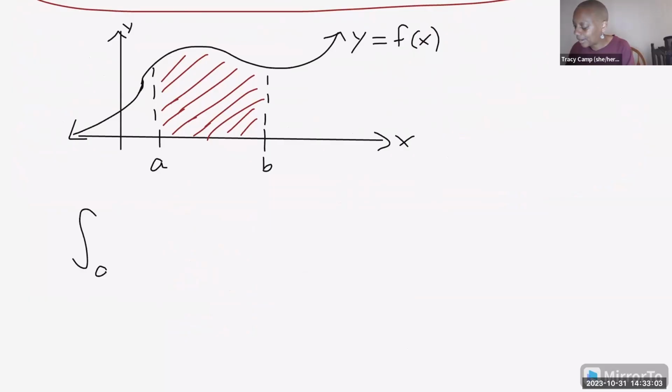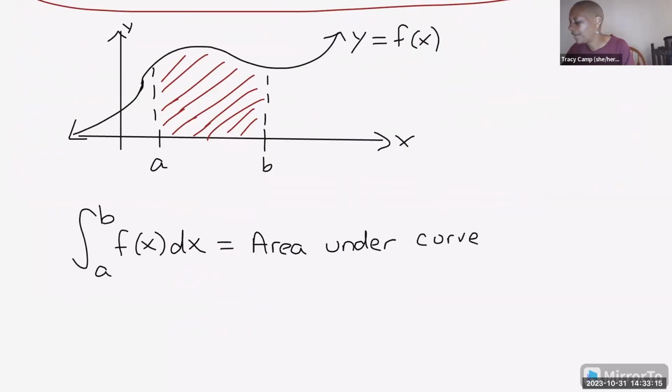So let me just say the definite integral from a to b of f of x dx is the area under the curve if the curve is above the x-axis.